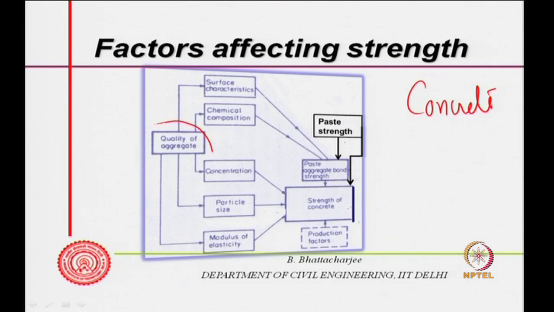First of all, the basic quality of the aggregate in terms of its particles: particle size, its modulus of elasticity, and of course, the surface characteristics, that is roughness that we mentioned, chemical composition, because some chemical composition can give you higher bond, and its volume concentration.